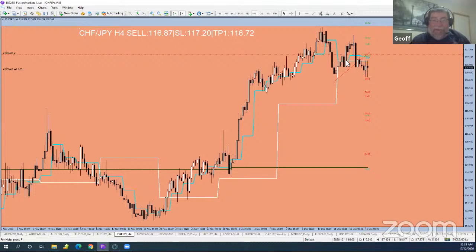Not the first one, which is not ideal for me because I like to trade the first double cross of those pivots, not the subsequent double crosses. So it's not perfect, but it is good because it also broke this trend line, broken, retested. So it's a clear A, B, C scenario for me.